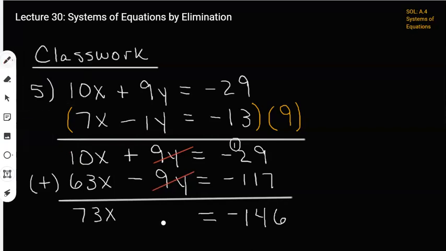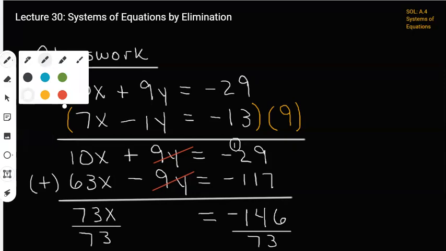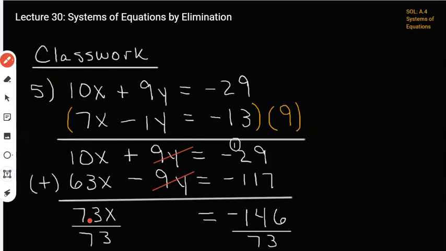The last thing that I'm going to do to get x by itself is divide both sides by 73. When I divide the left side by 73, the 73s are going to cancel, leaving me with just an x.